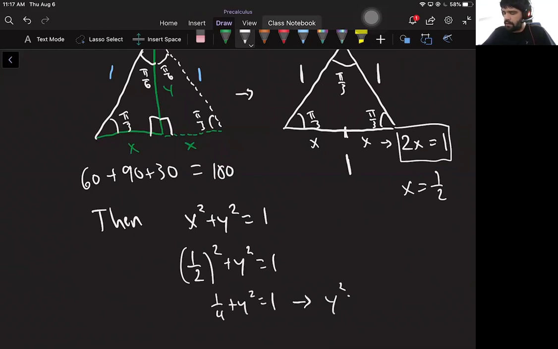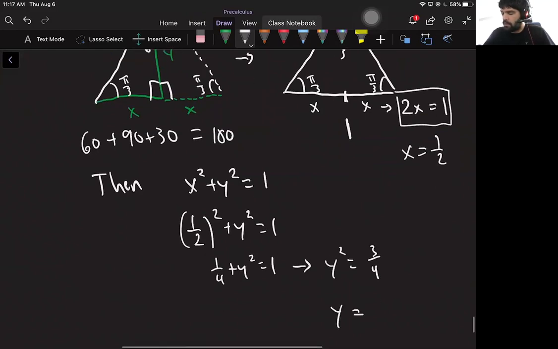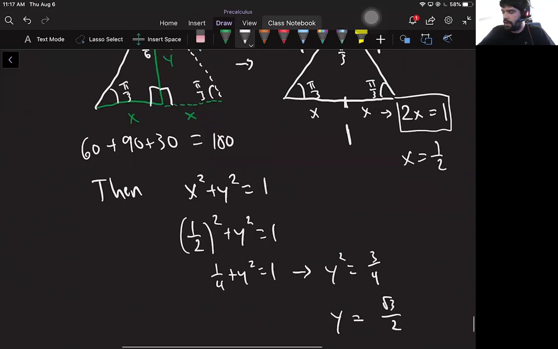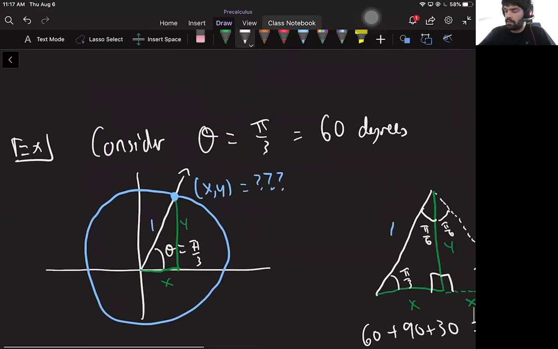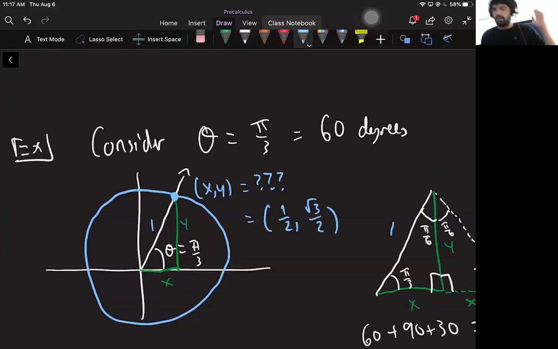So y squared equals 3/4. Square root both sides, and you get that. So my x is 1/2 and my y is that. So my xy coordinate is 1/2 comma root 3 over 2. So the 60-degree angle, the pi over 3 angle, touches the unit circle at 1/2 comma root 3 over 2.